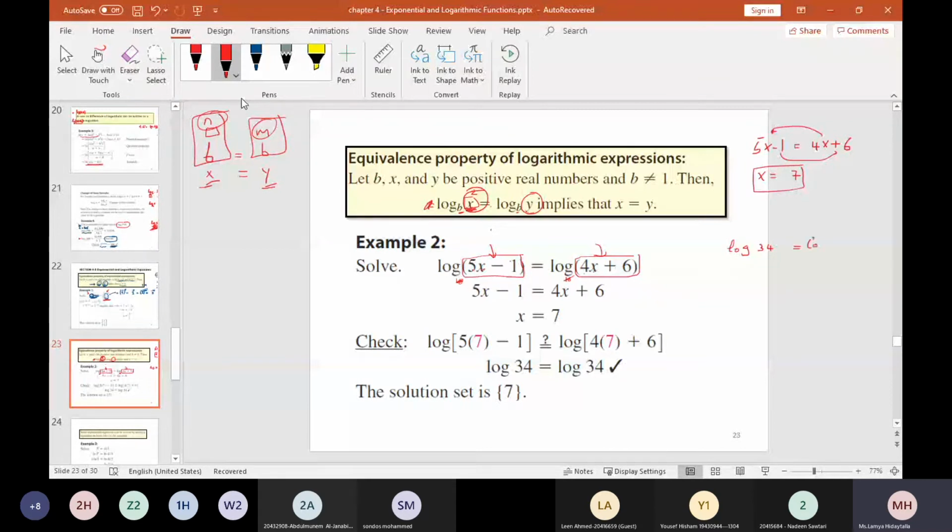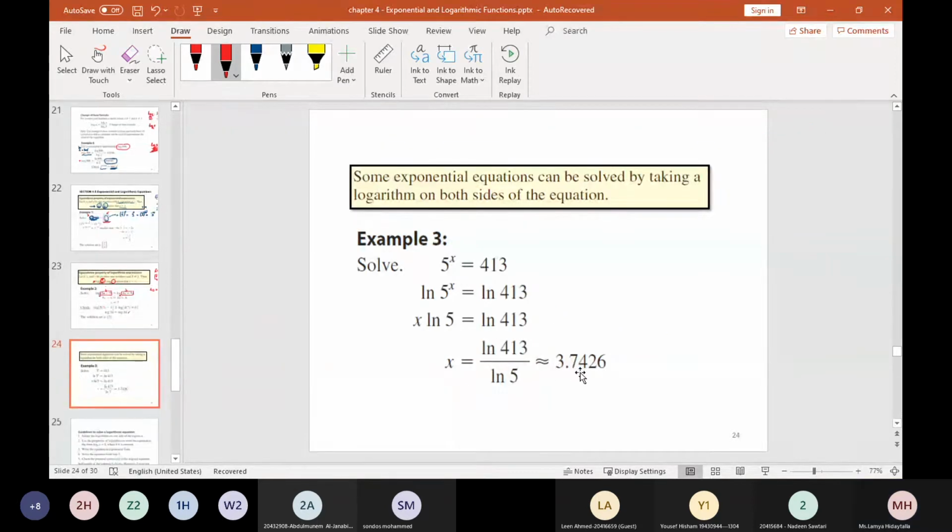So it is equal to log 34, so my solution is correct. Always, after you get the value, you can go back and substitute to make sure that your solution is correct. Clear? Yes, doctor. Clear.